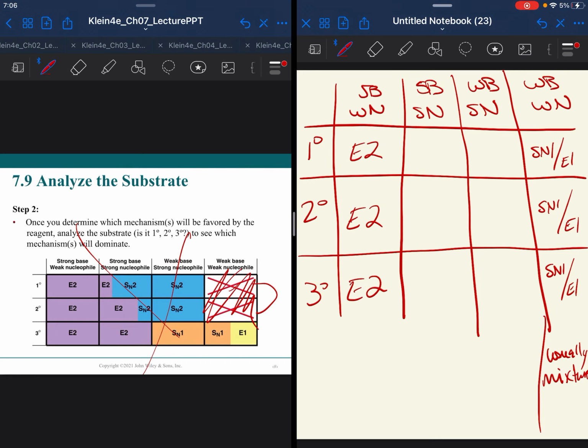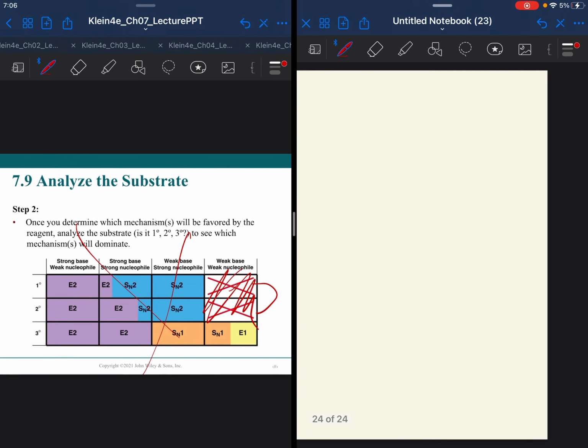All right, now for the weak base but strong nucleophile. Since it's strong, it wants to be a bimolecular mechanism. But we know SN2 cannot occur on a tertiary alkyl halide. And so that is why SN1 is also in that column.